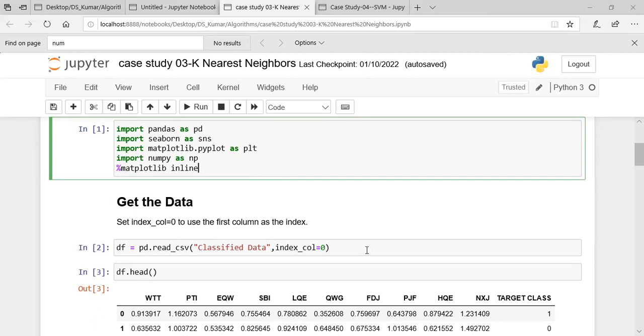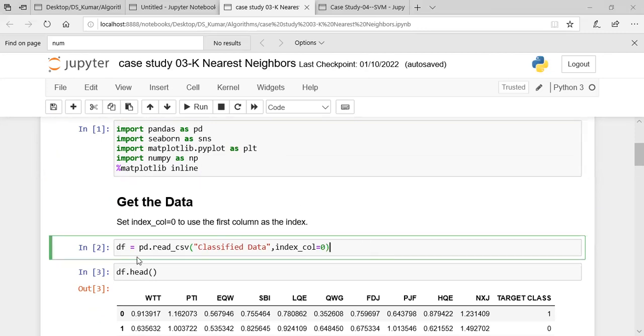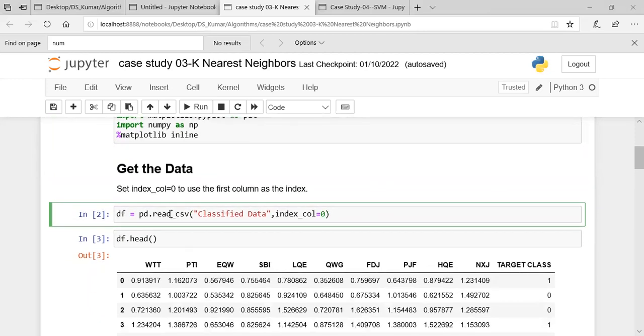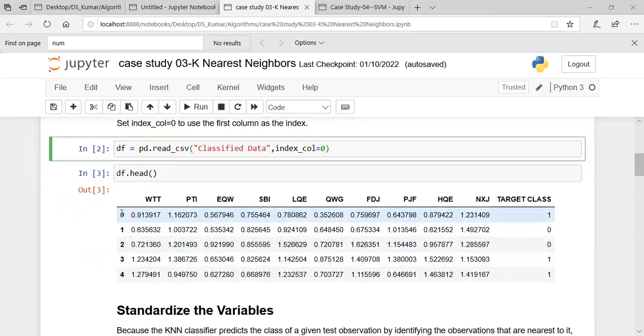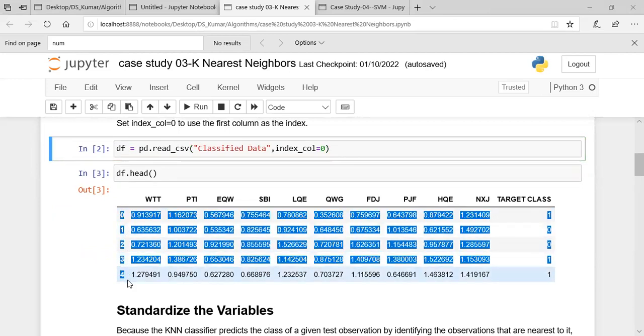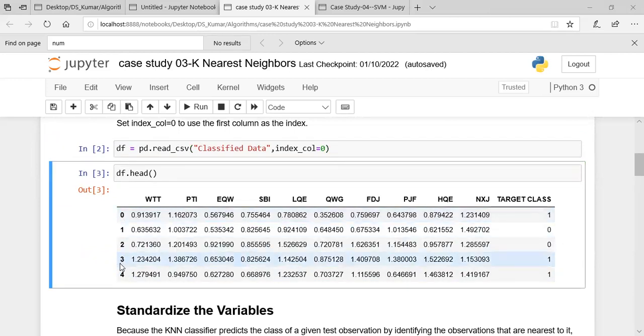Now once this is over, you can load the data. What is the outcome of read_csv in pandas? A data frame. That is what I asked, what is a data frame and how we make use of it. Now index_col=0 specifies the first column as the index column, because we want to maintain this 0, 1, 2, 3, 4 serial number as an index.